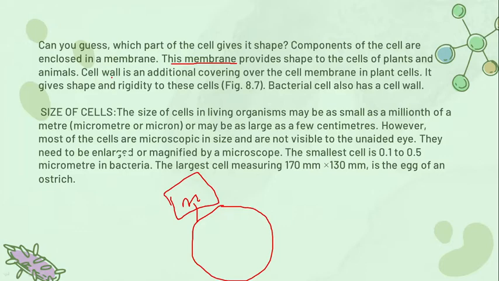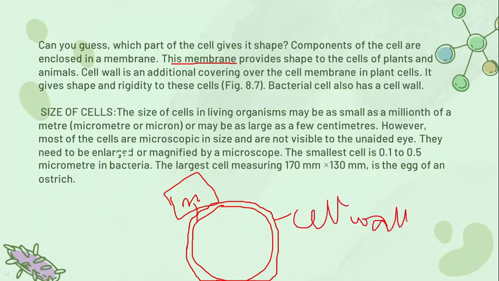Here the cell wall is an additional covering over the cell, meaning it lies outside the cell membrane. So this is the cell wall, which is only present in plant cells.